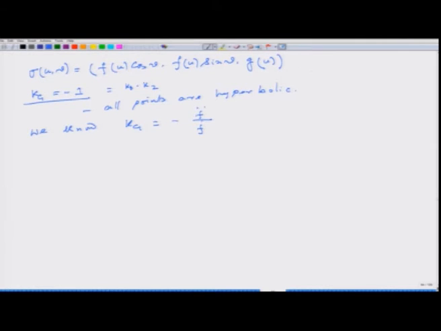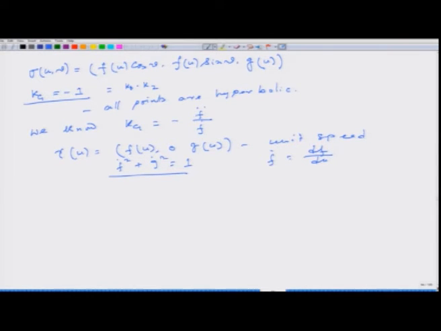This is for our gamma u equal to f u, 0, g u, unit speed, and that means that f dot square plus g dot square equals 1. Dot means f dot is df du, right.